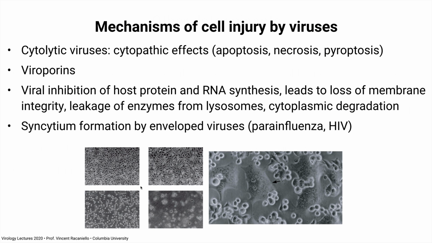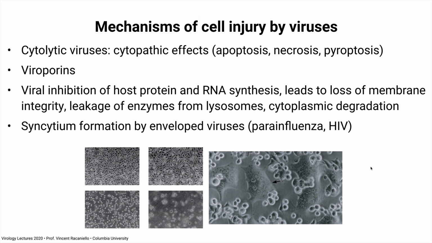So in cell culture, you can see the clear progression of cell killing by cytopathic viruses, the production of syncytia, and clearly these effects in a host contribute to damage in various organs. So poliovirus replication in neurons destroys the neuron, and that will cause the paralysis.